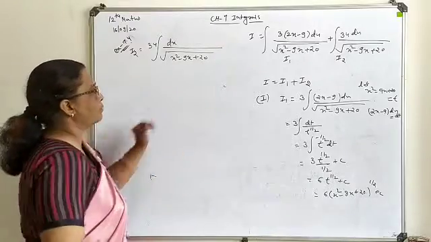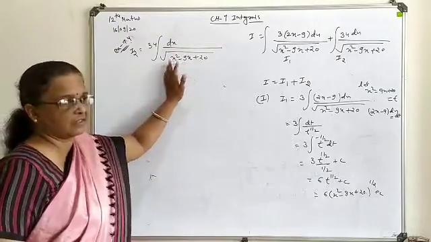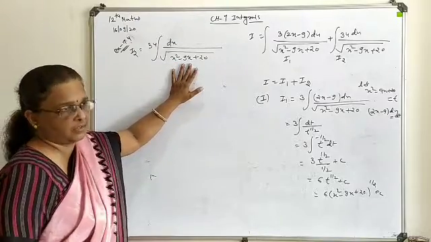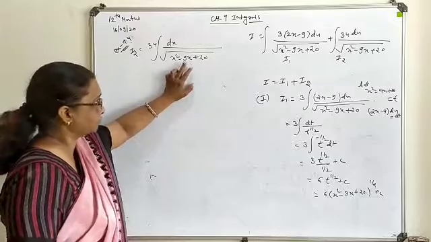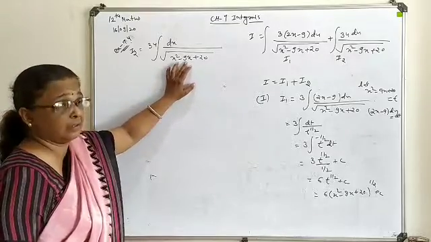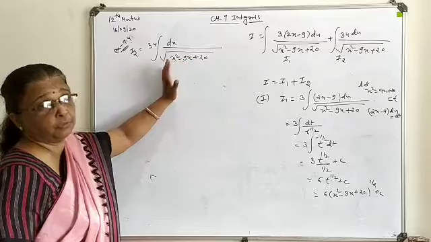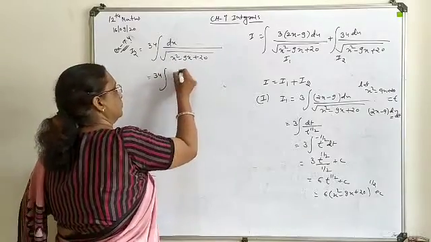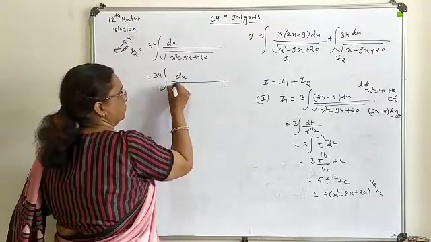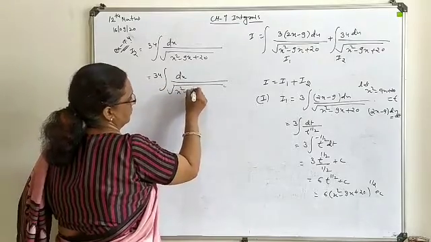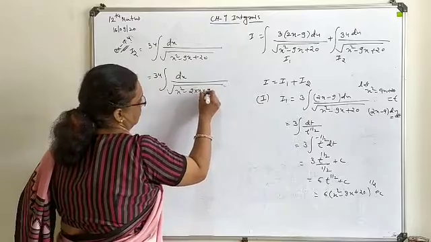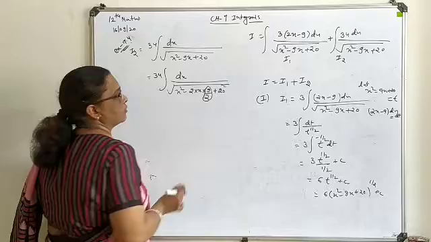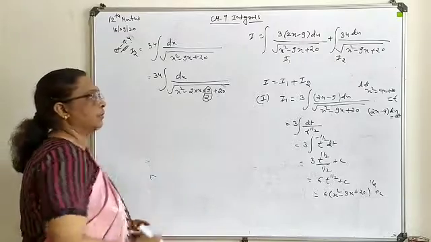Now here you can see x square and minus 9x, these are the two terms available to make the perfect square, but the constant is not there. So first of all, this 9x you have to write as a multiple of 2. So multiply and divide by 2 from our side. So from here it will click to you what the b should be. That is your 9 by 2.